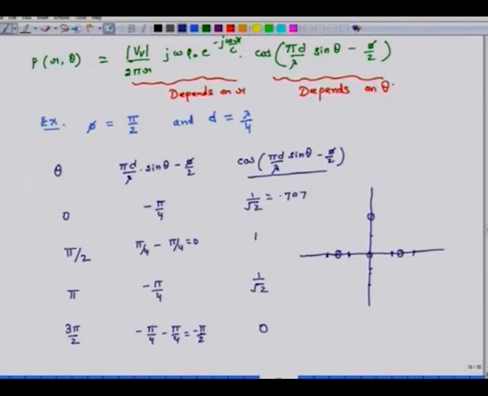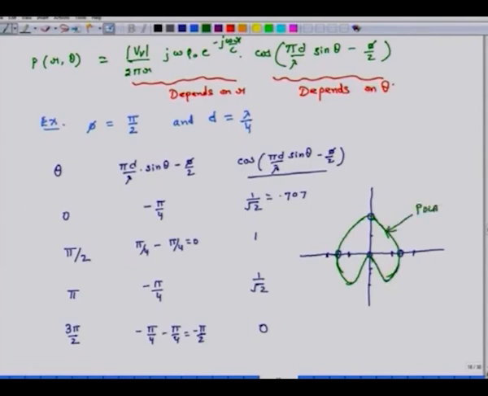Now I develop a curve, and I hope I do an okay job in developing this curve. It is going to look something like this.